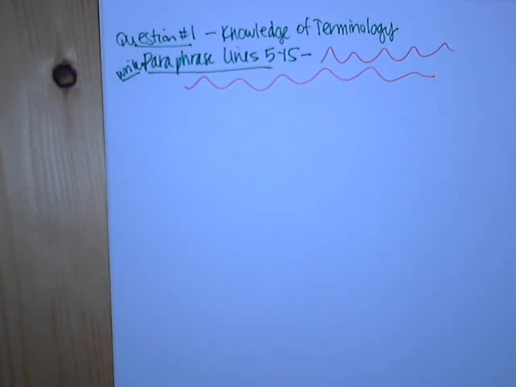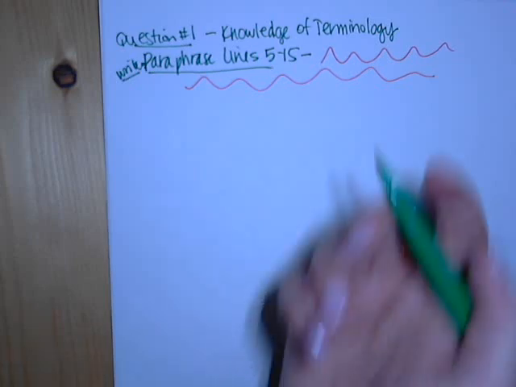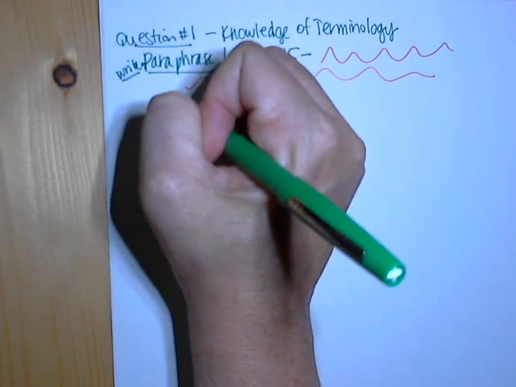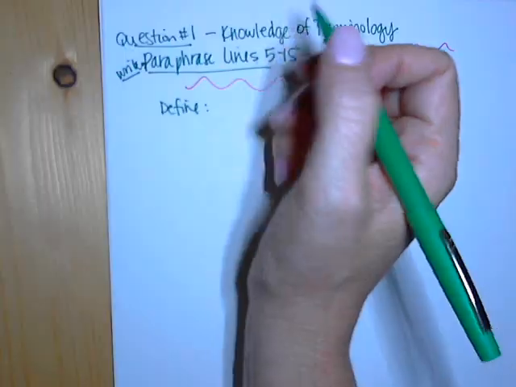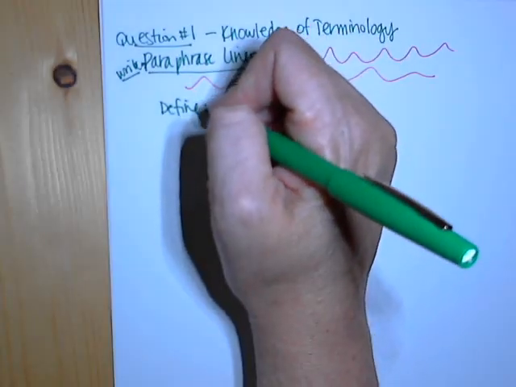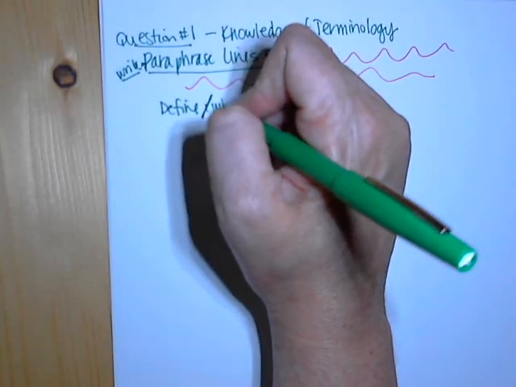Okay, so now I paraphrase it. Because this is a knowledge of terminology question, what do you think I need to do next? Yep. So then I need to define the terminology. So I'm going to say here, I'm going to define, and what type of evidence is used.